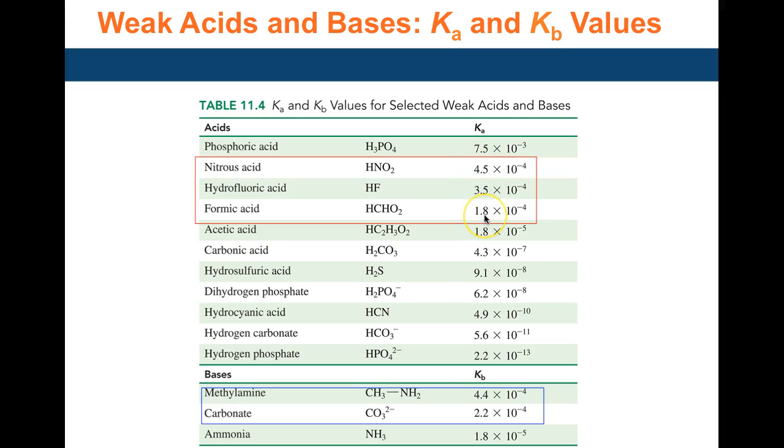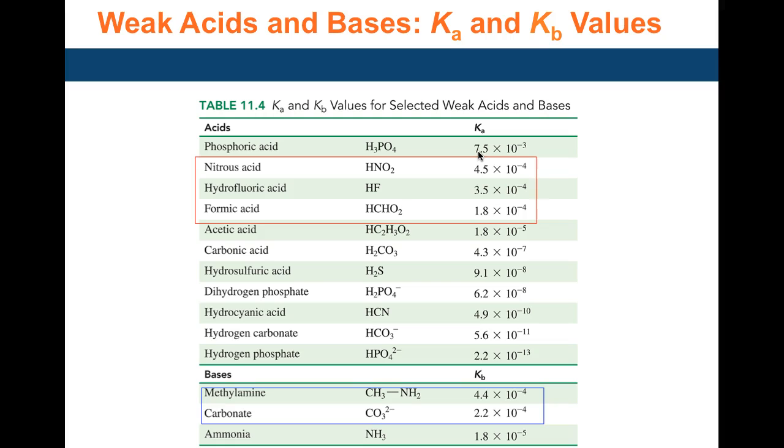these three acids. Now, if you compare all of this list of weak acids, phosphoric acid is at the top of the list because its Ka value is 7.5 times 10 power negative 3. So among the weak acids, phosphoric acid has the highest Ka value, and therefore it's the acid that dissociates the most among the weak acids.